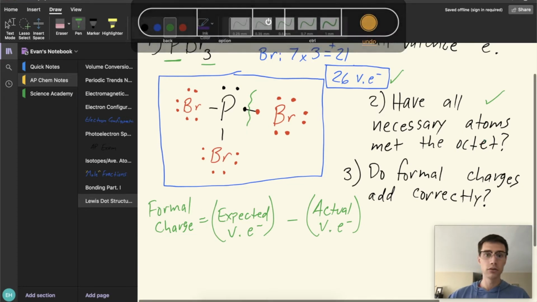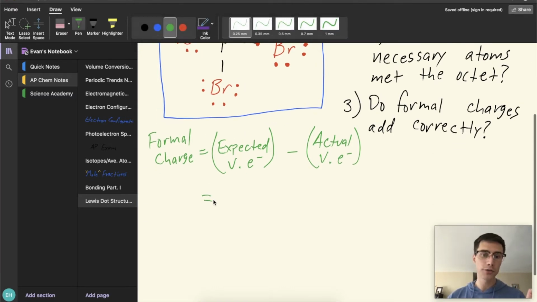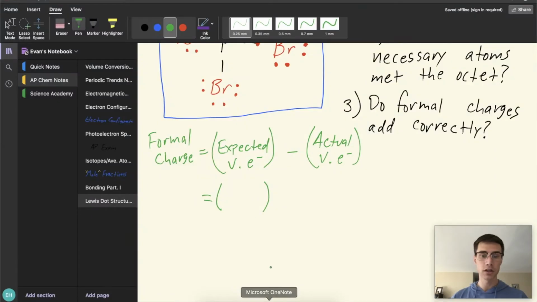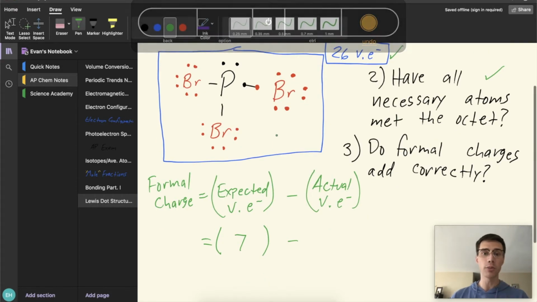So, take a look at this. Because our formal charge for bromine is expected minus actual, again, going back to the periodic table, we expect bromine to have 7 valence electrons because it's a halogen. So we expect it to have 7. Now again, because this electron here from phosphorus does not count as a valence electron from bromine, we can ignore that one when we are calculating how many actual valence electrons we have around bromine.